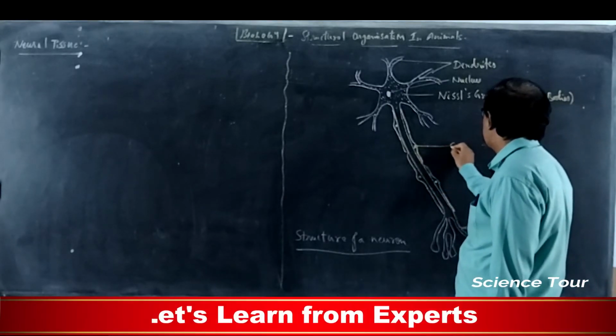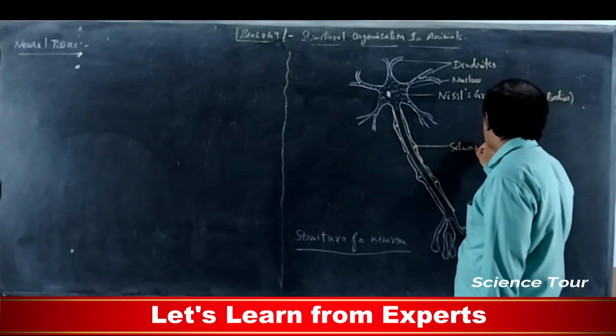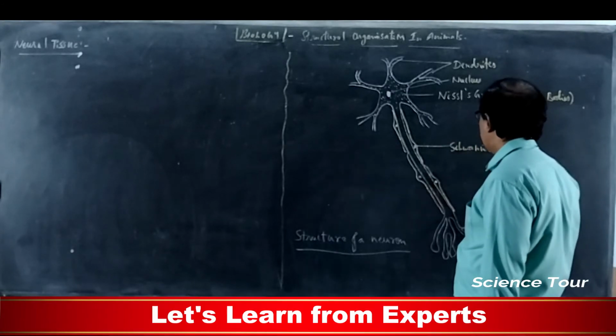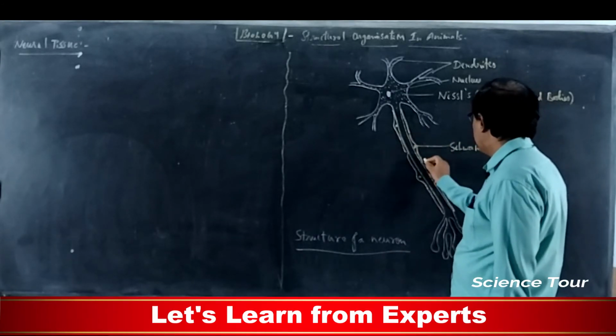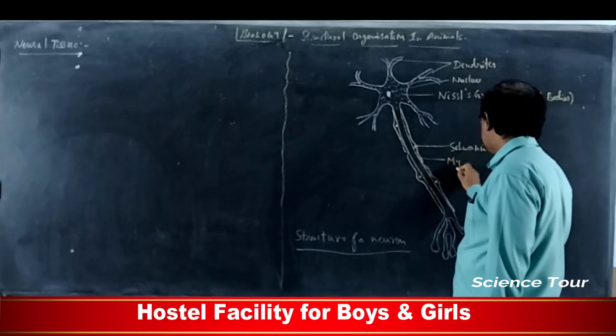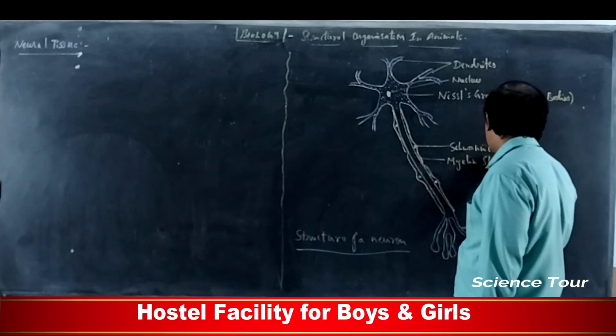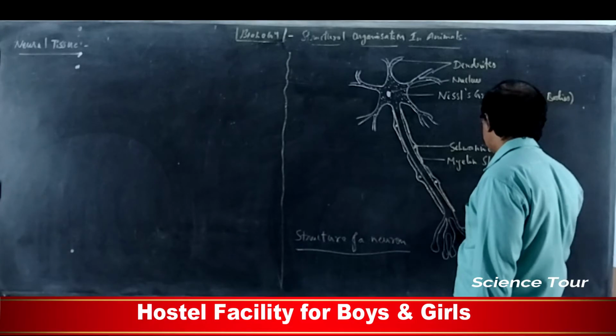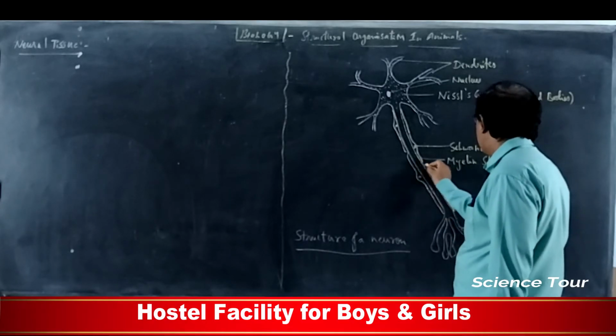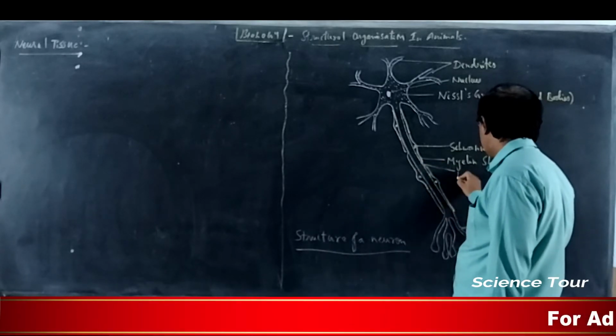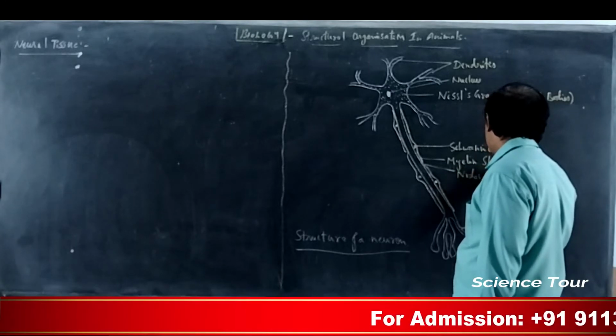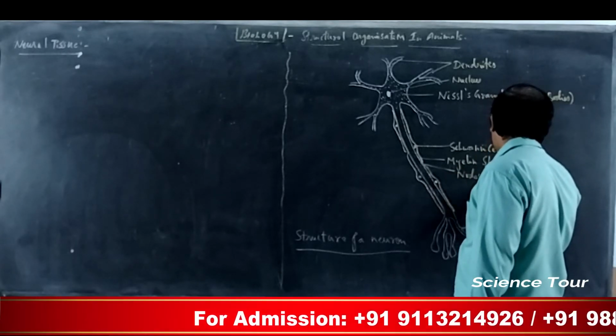This cell is called Schwann cell. It secretes a sheath. That sheath is called a myelin sheath. Then you can see here there are nodes. These are called nodes of Ranvier.